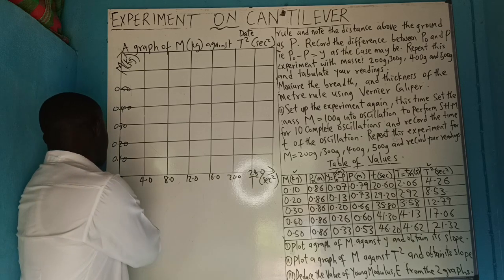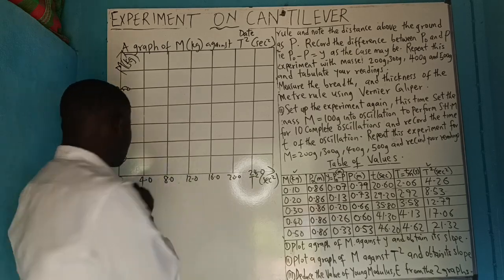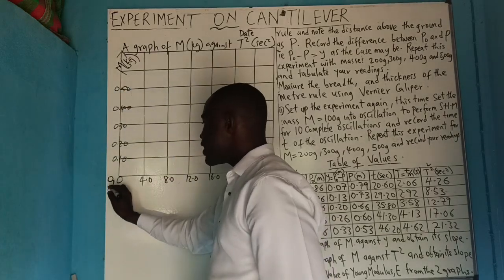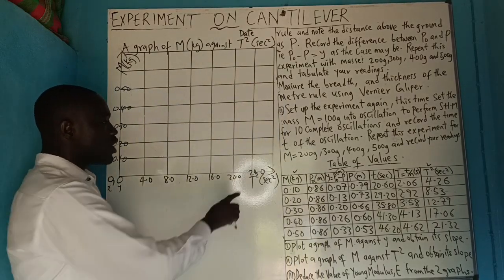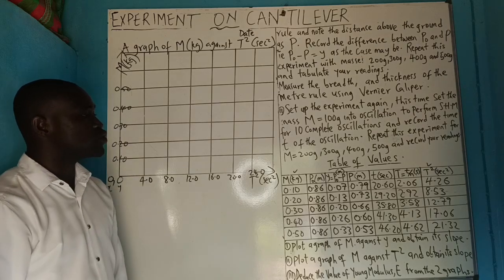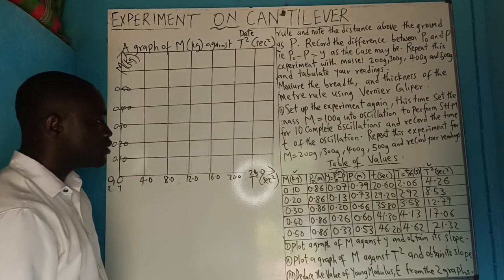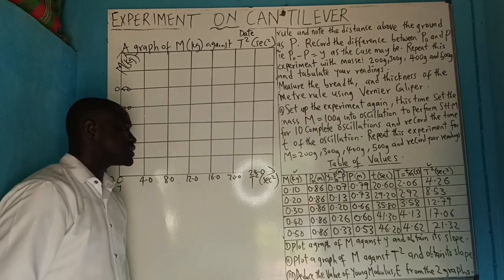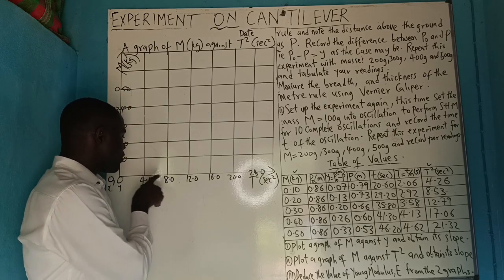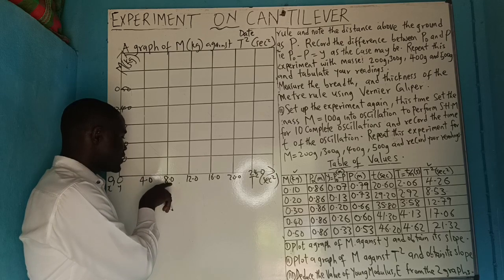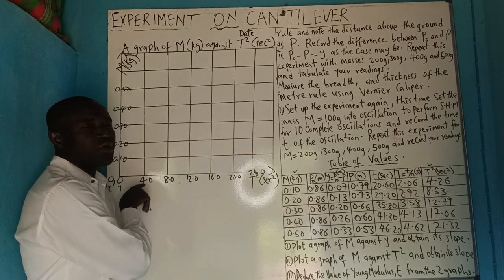That means we are starting from 0 and 2 for the x. This is for x and this is for y. Then 0.1 against 4.26. Look at 4, look at 8: 8 minus 4 gives you 4, divided by 10, 0.4, right?